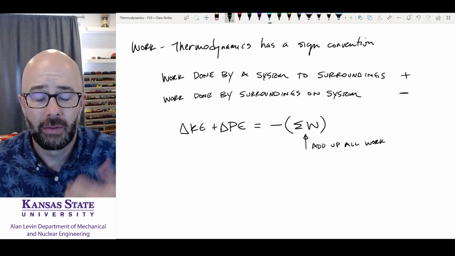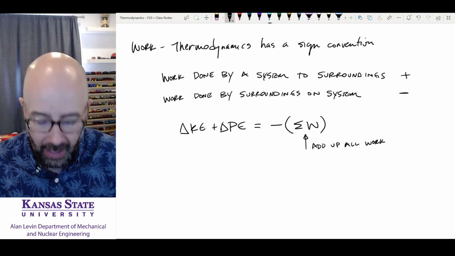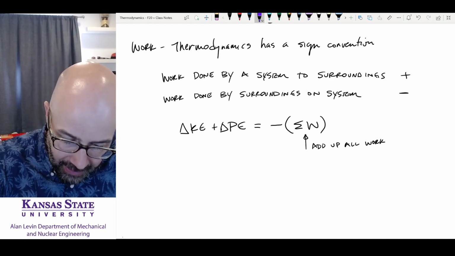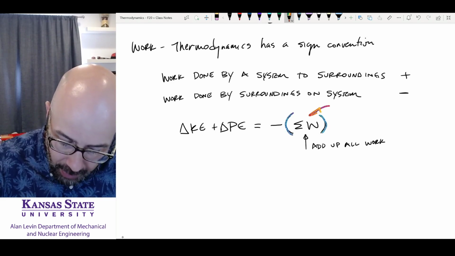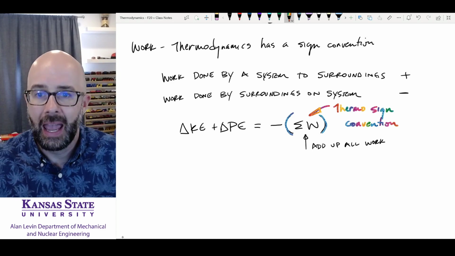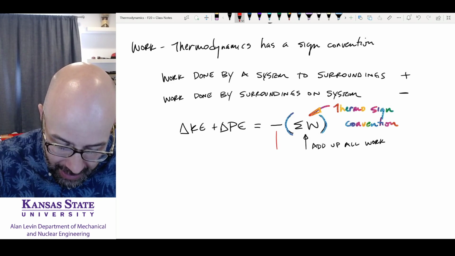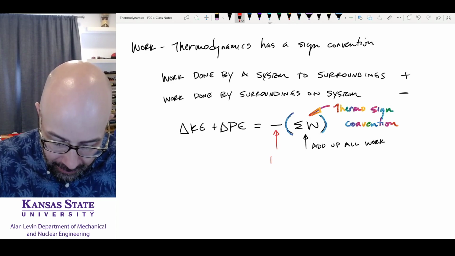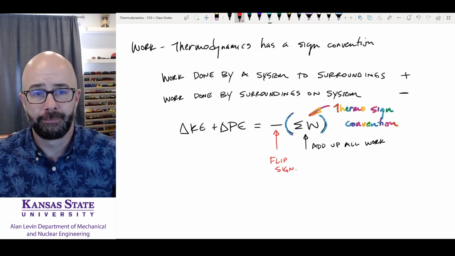You might have 3 or 4 different forces acting on it. Add it all up. Inside this magical parentheses goes the thermal sign convention. And then we go ahead and put a negative sign here to flip the sign back to the way it should be.